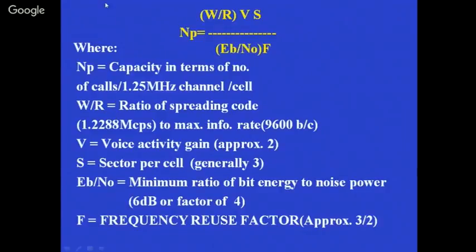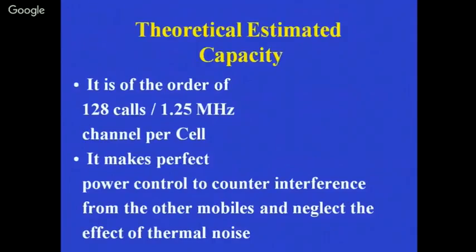Now see this formula. If you can decrease the signal to noise ratio, Eb/N0, you can increase the Np. Understand? Very easily. If you are able to afford a lower signal to noise ratio, you can accommodate more subscribers. And this is the policy mainly used in the case of CDMA. So it is signal to noise ratio dependent. If you take the ideal, 128 calls per 1.25 megahertz.